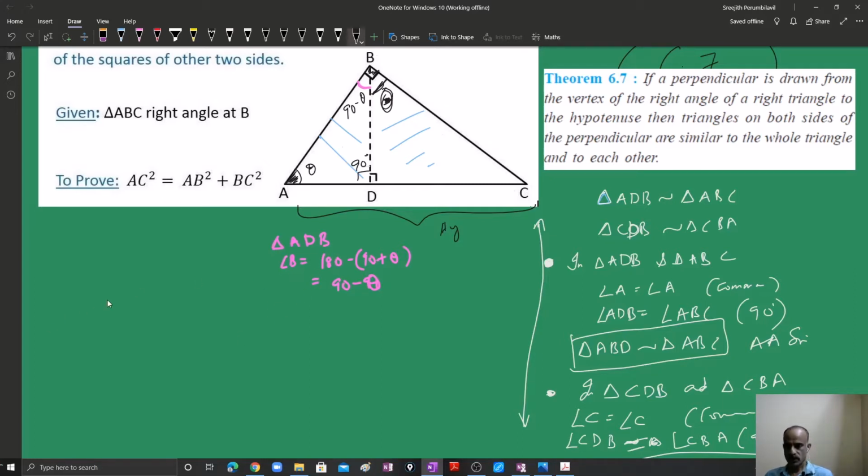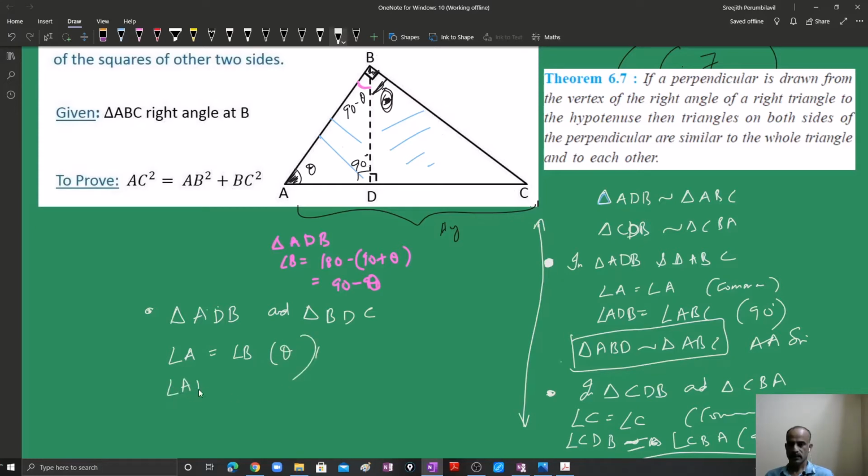Now the third part. In triangle ADB and triangle BDC, angle A is equal to angle B, right? Why? Both of them theta.